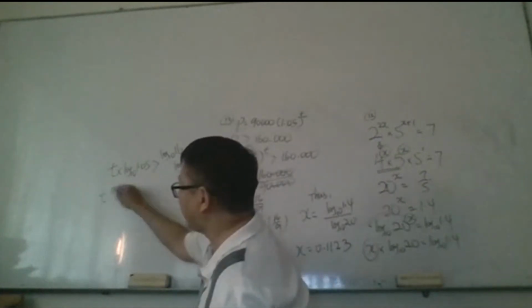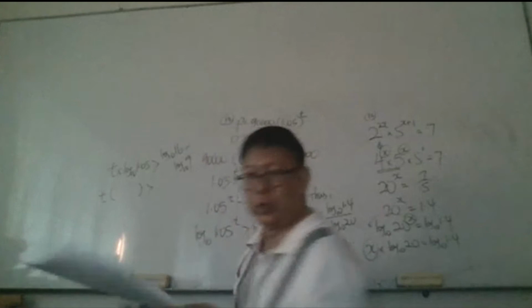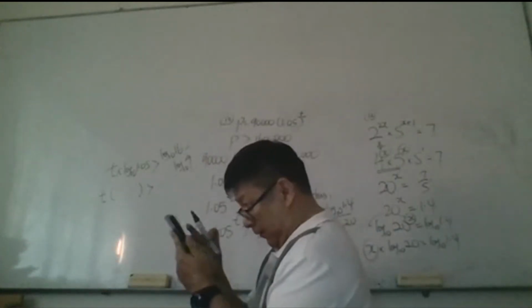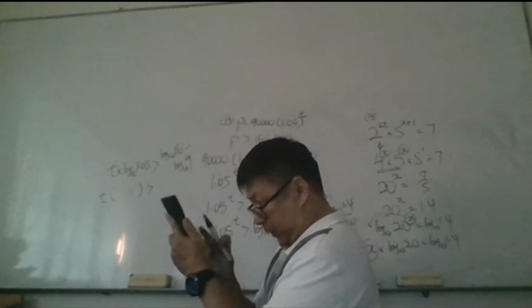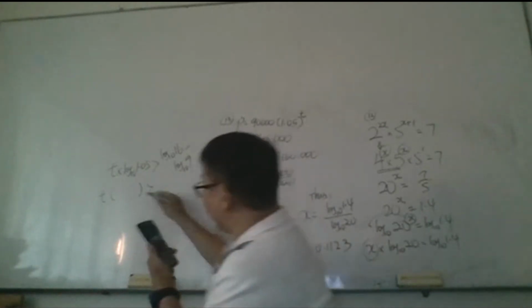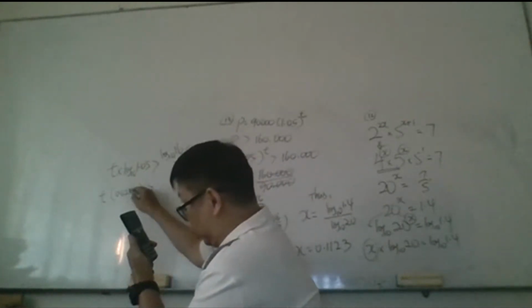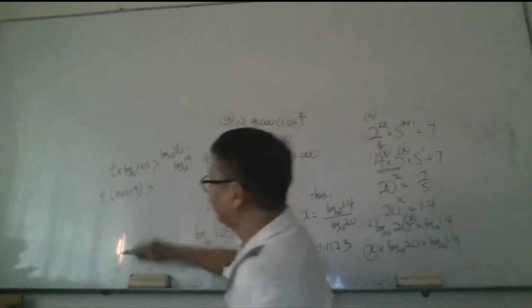Then I press my calculator to determine the value for log 1.05. Then I will get 0.02119.